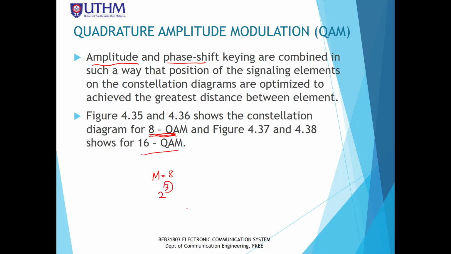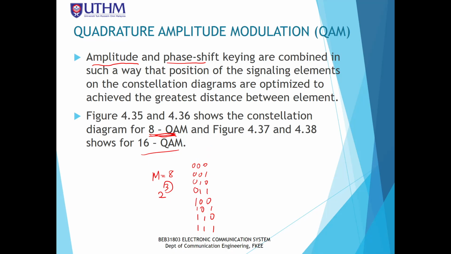That means we have 8 symbols, from 000, 001, 010, 011, 100, 101, 110, 111. So you see that we have 1, 2, 3, 4, 5, 6, 7, 8 symbols.